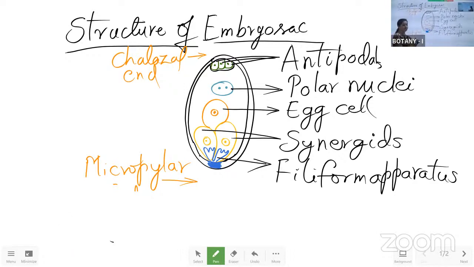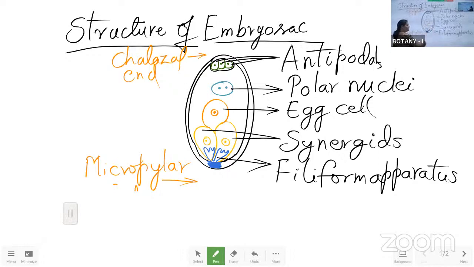One more function for the filiform apparatus is they will make the easy entry of a pollen tube into the embryo sac. So whenever the pollen tube has to enter into the embryo sac for the fertilization, then it has to pass through this filiform apparatus.